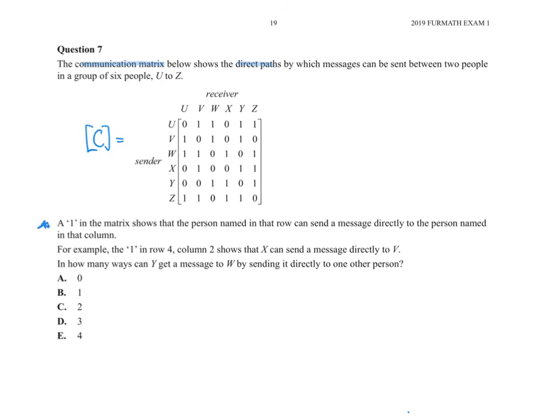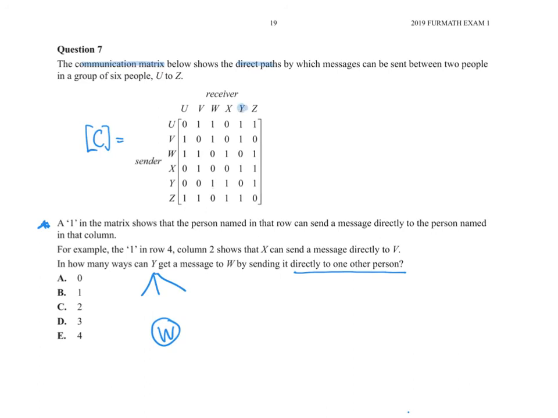And one just means, and they will always write this, they're just telling you one means they can communicate, and who with. So how many ways can Y get a message to W by sending it directly to one other person? So we want to go from Y and we want to go out to someone else, and then that leads to W. So we're at Y, and look who Y can send a message to.